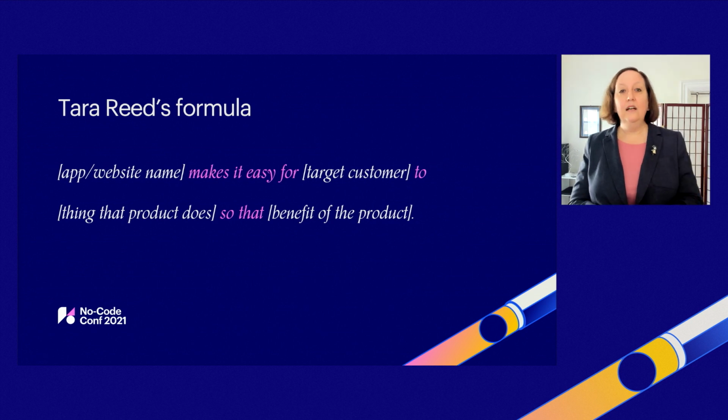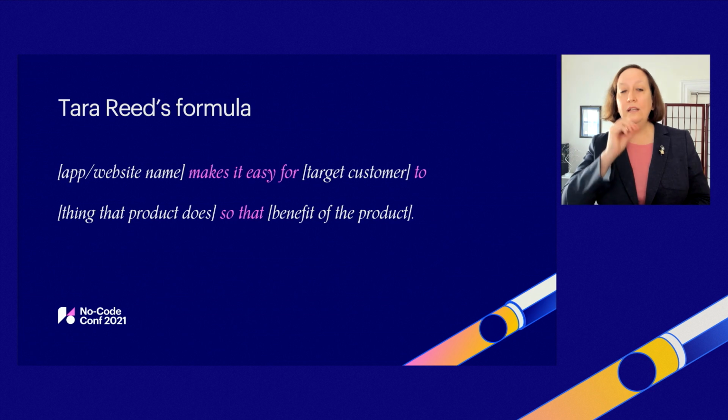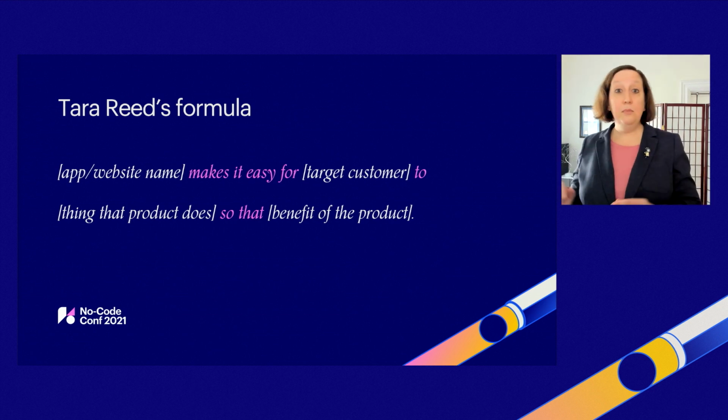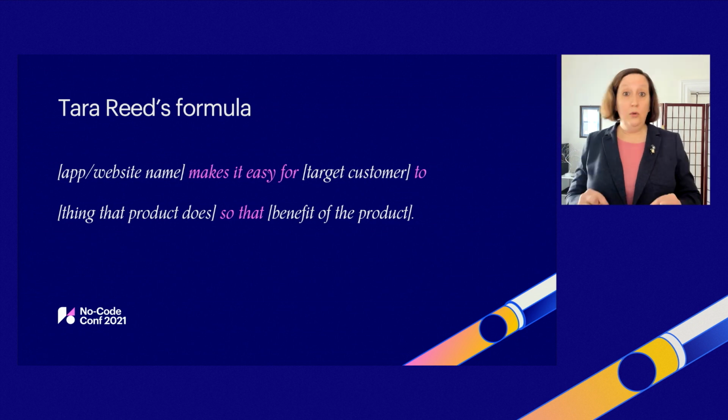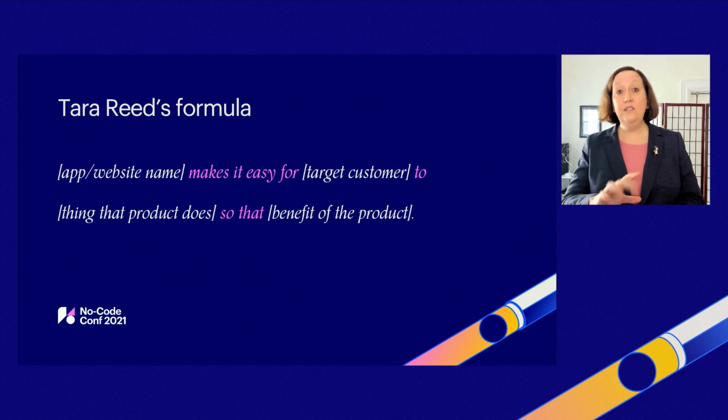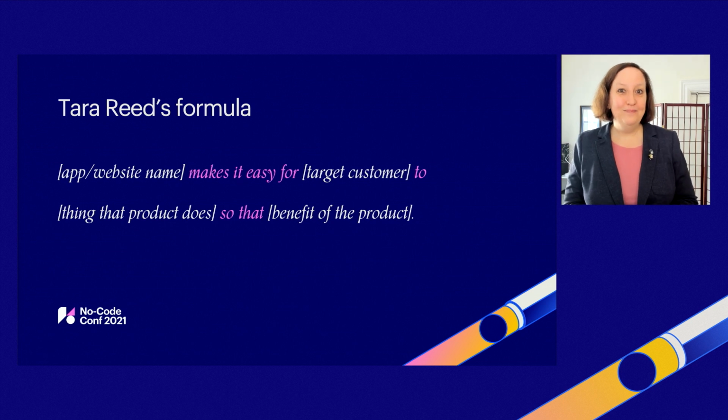And as it says here, fill in the name of your application or website is going to make it easy for that particular target audience that you have identified to do the thing, whatever it is that the product does, so that whatever the benefit of your product is. This is the goal of that whole worksheet, to try to boil it down to this one particular sentence. Go run that sentence by your family and friends, see if other people get excited by it as well.